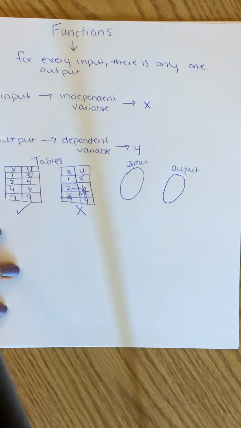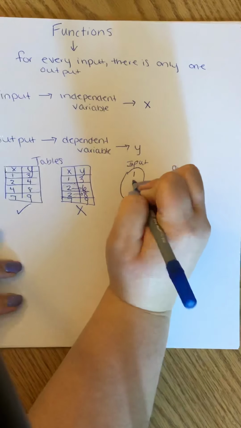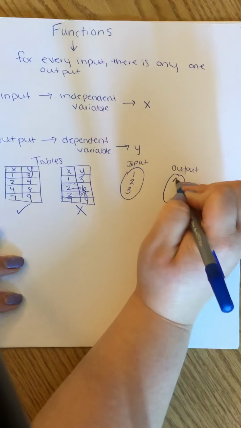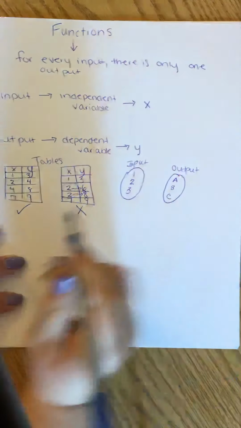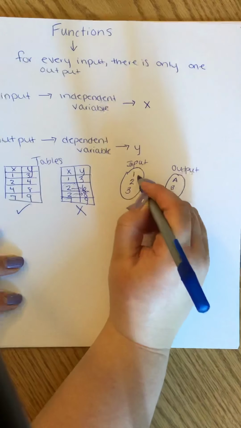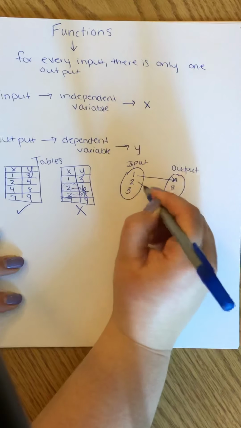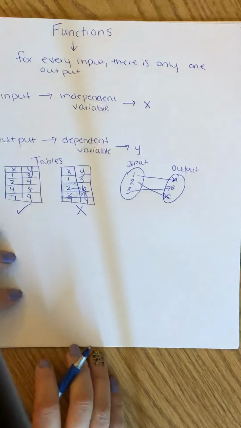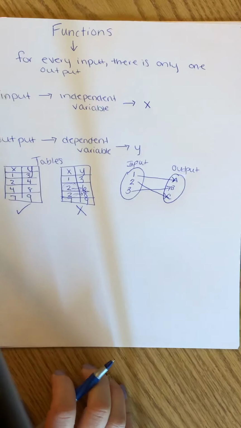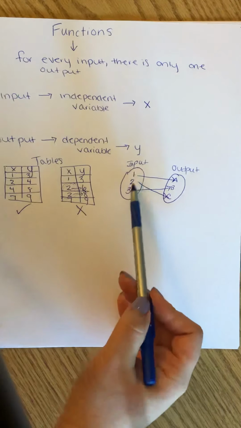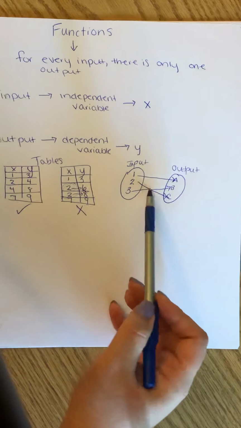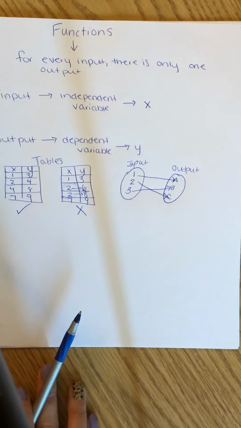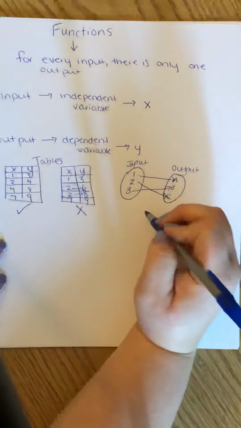If I look at this same idea, if I put 1, 2, and 3 in, and say my outputs are A, B, C, if each of these goes to a different value, we have a function. So each input was going to one output. So that would show us that we have a function there.